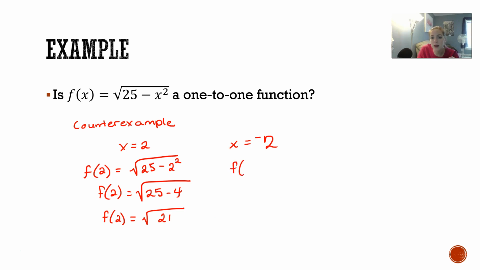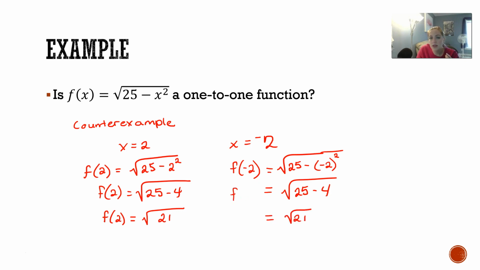But let's plug in negative 2 just to show that we're going to get the same answer of square root of positive 21. So 25 minus, now since this is a negative being squared, I'm going to throw that in parentheses. So this would be 25 minus 4 again, which is the same thing, square root of 21. So that indicates that both positive 2 and negative 2 result in the same y value.